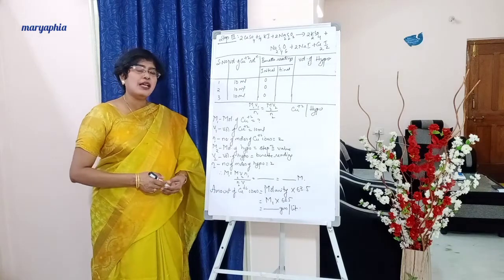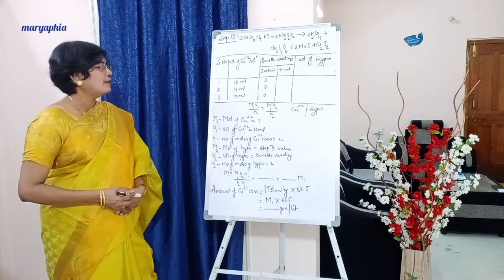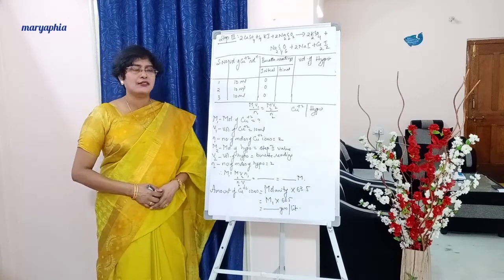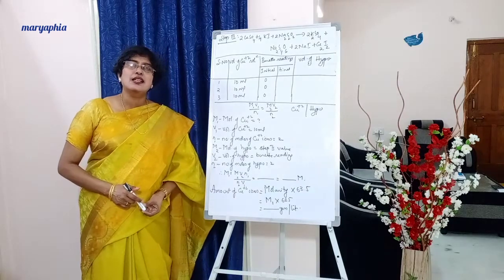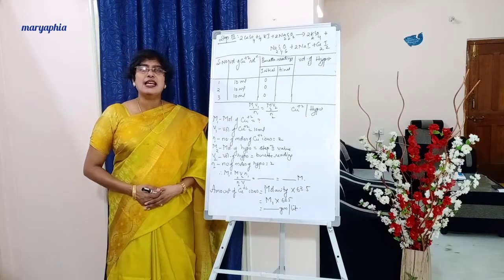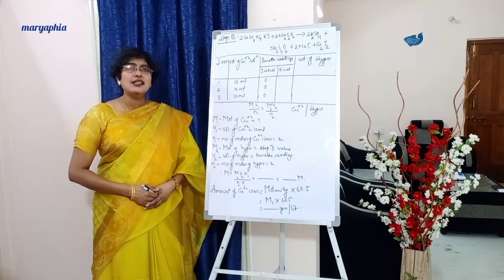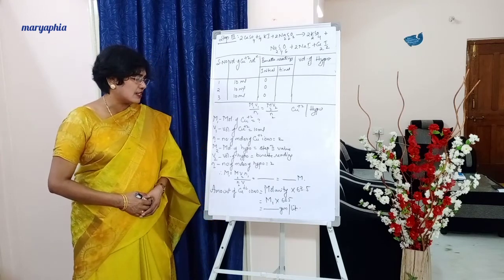So, from the formula, M1 is equal to, by cross multiplication, M2 V2 N1 divided by N2 into V1, and you will substitute all the values. Whatever value we get after multiplication and division, that will be the molarity of Cu2+ ions.